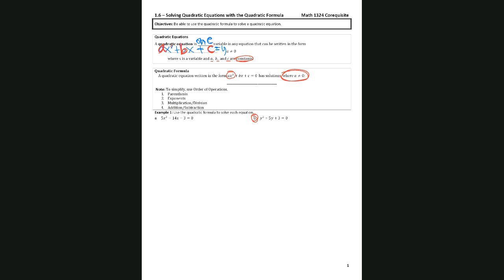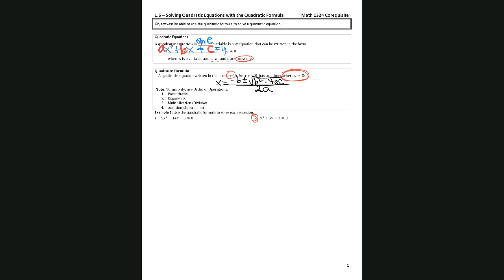So let's write that one down, and that will be x is equal to negative b plus minus the square root of b squared minus 4ac, and everything gets divided by 2 times a.